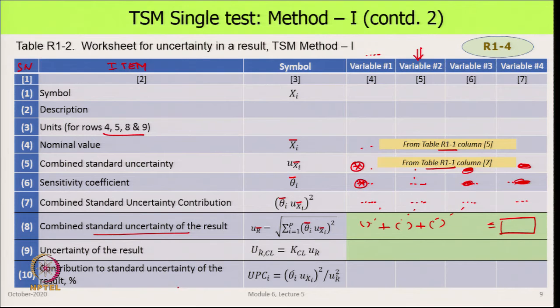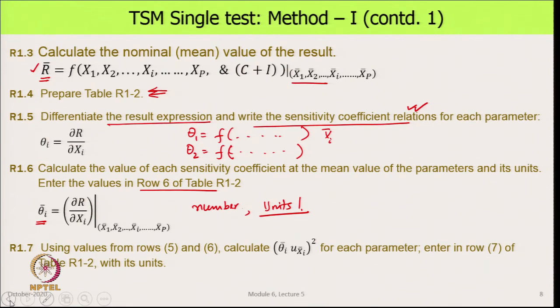Next we compute the expanded uncertainty of the result, or just the uncertainty of the result. U r bar CL is equal to K CL times U r bar, which we have to decide first. So, we did this part.